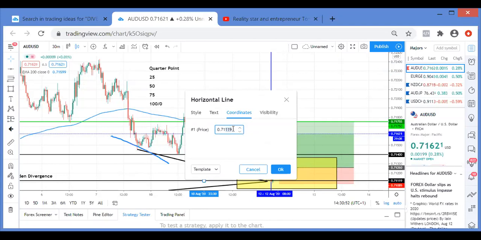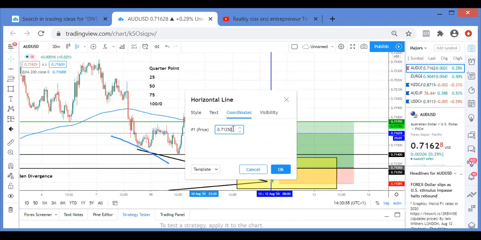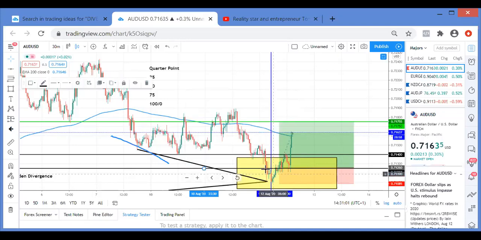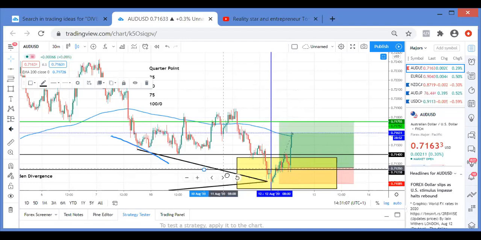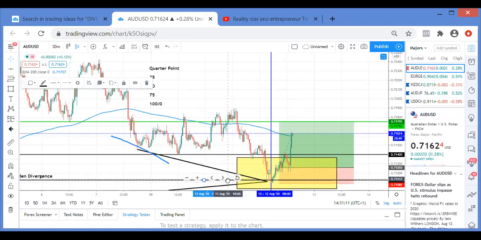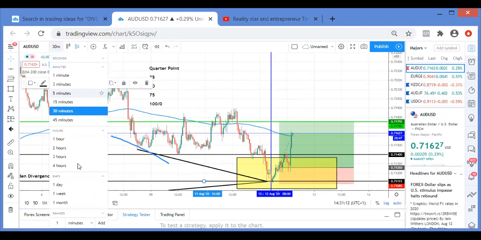That would be 250. Enter. Now can you see how it came here? Sorry, I'm on the wrong chart. 4 hour.